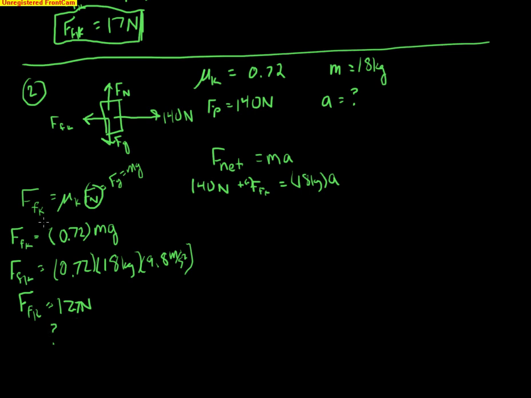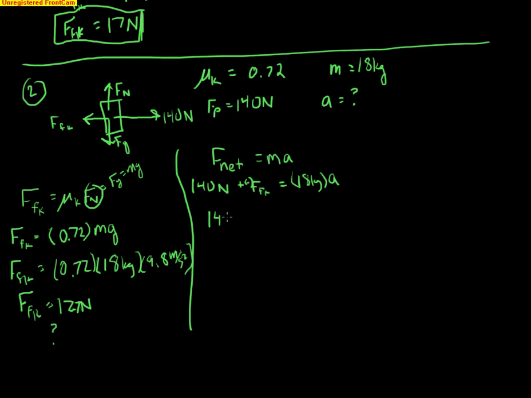So one thing to note is that this friction equation only gives you the magnitude of the force. This doesn't automatically give you the direction. So you need to refer to your diagram. So we know that the direction of this would be in the negative direction. So if this is smaller than our push, that means it's going to accelerate in the direction of our push. So this makes sense. So now that we know the force of friction, we can plug it back in here, remembering to make it negative because it's in the negative direction.